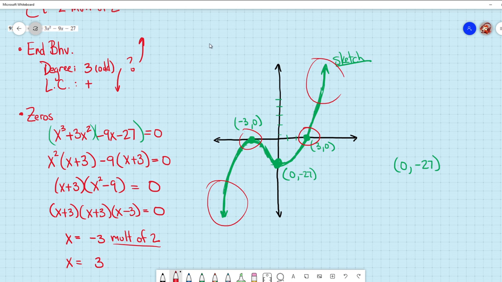Remember, polynomials are always continuous and smooth. If you were to make a janky graph like I talked about today, where all you're doing is connecting the dots, this is not a polynomial because it's not smooth. You just drew jagged lines.